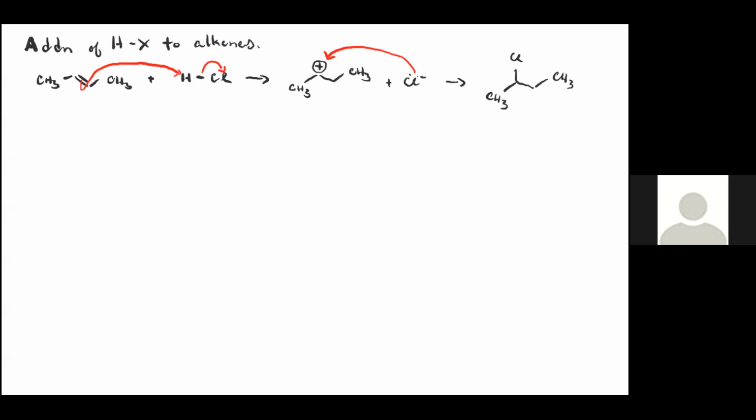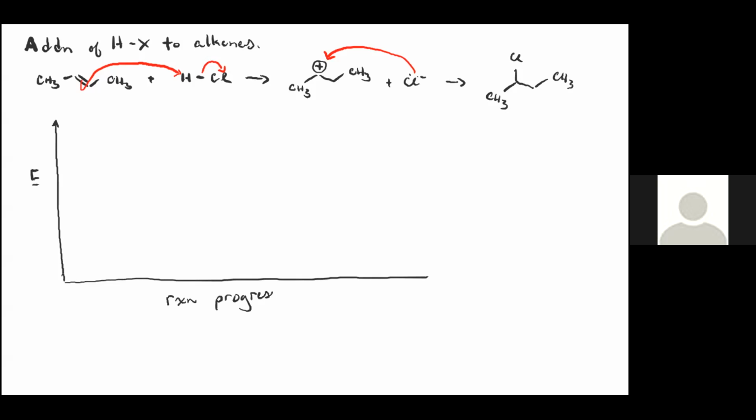We then generated a reaction progress energy diagram where we always plot energy on the y-axis and reaction progress on the x-axis. And we put the reactants on the left, so trans 2-butene plus HCl.